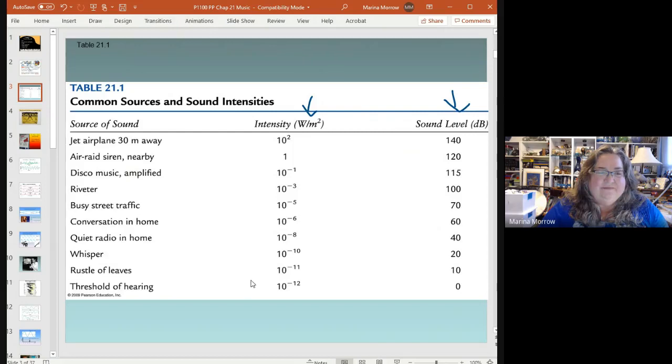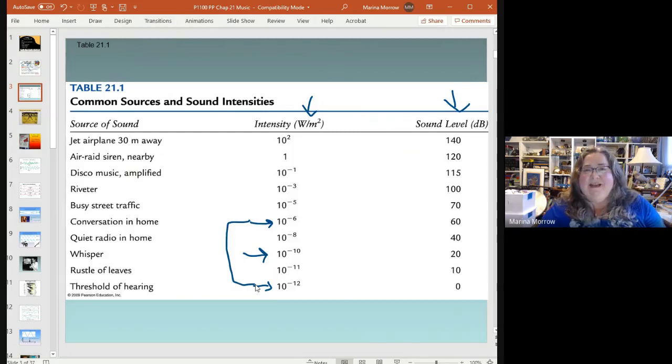As you go from the threshold of hearing, the lowest sound that you can hear, that's 10 to the minus 12th. A whisper is 10 to the minus 10th watts per meter squared. And quiet conversation is 10 to the minus 6th. Well, from here to here, that's 1,000,000 times less sound energy to go from 10 to the minus 6 to 10 to the minus 12.